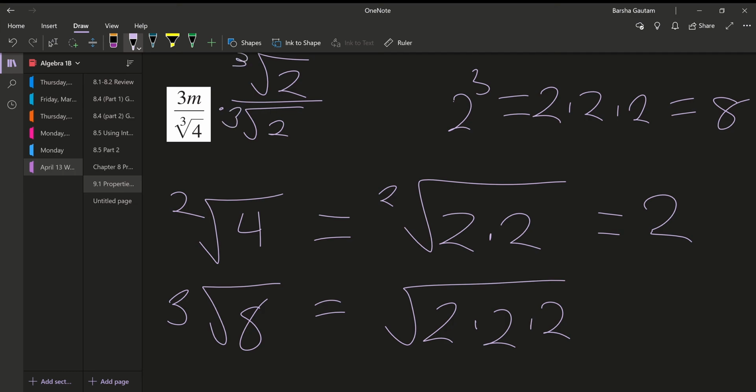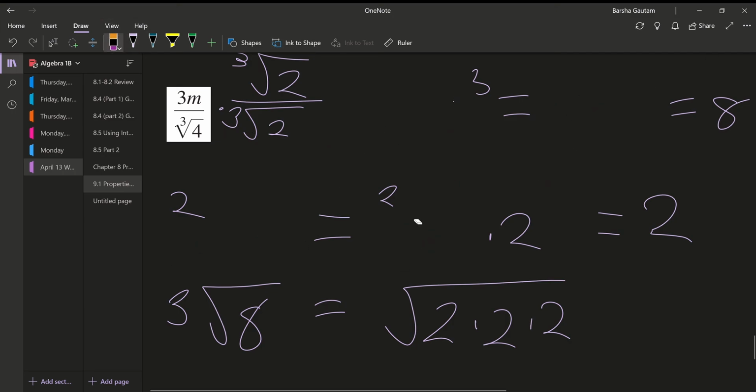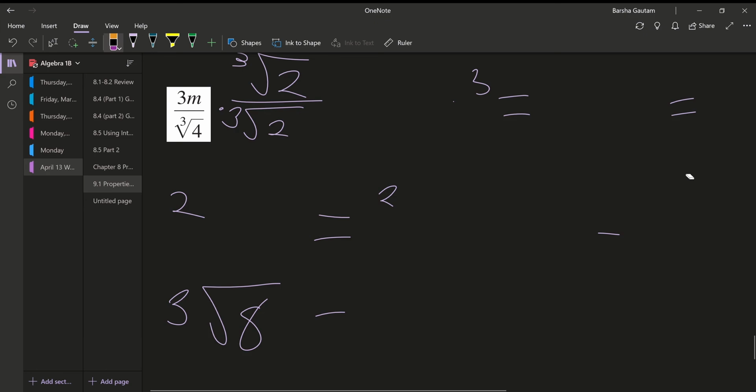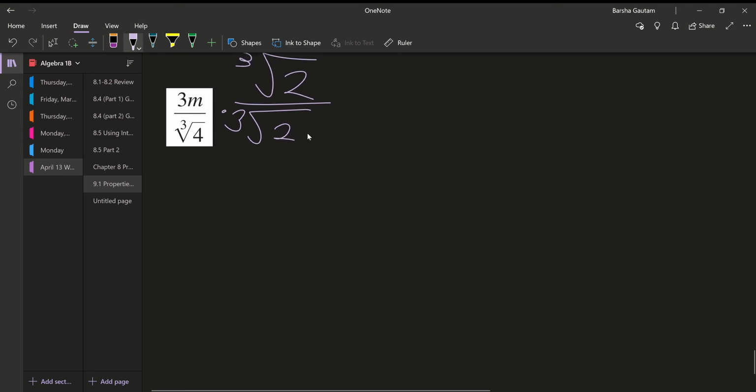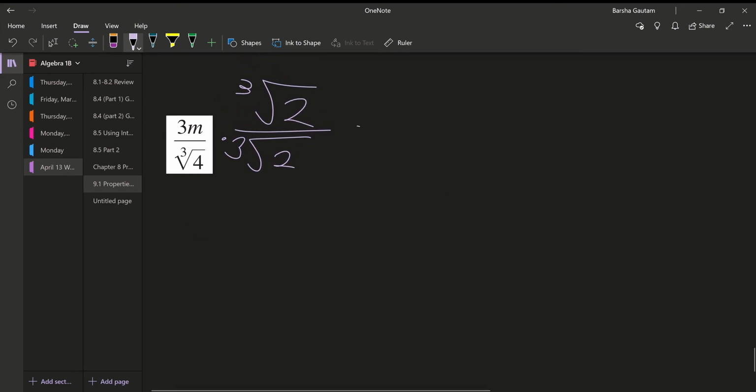Let me erase this part over here. So remember, the goal is to get rid of the radical symbol. And by multiplying by the cube root of 2, we get this.